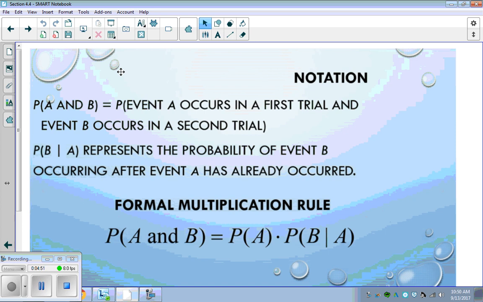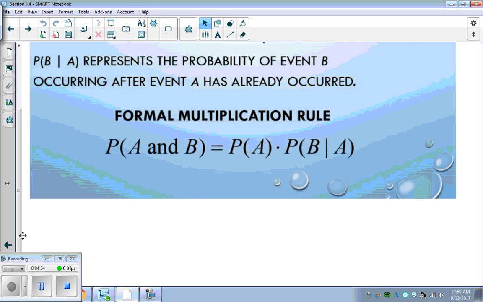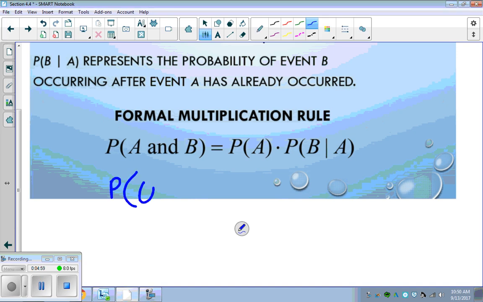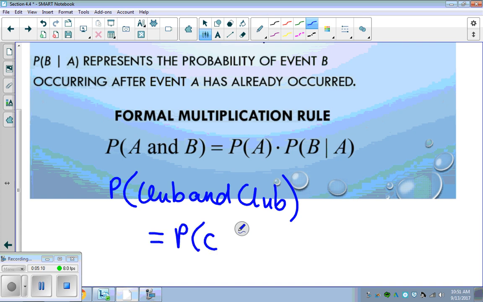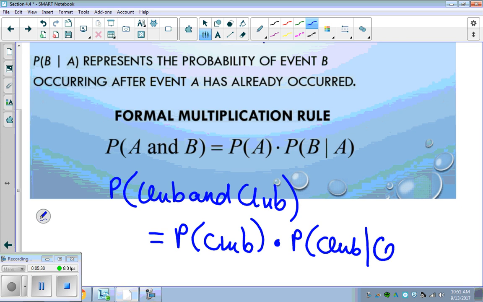So if we were going to do that probability for my deck of cards, the probability of a club and a club would equal the probability of a club multiplied by the probability of a club given I already have a club.